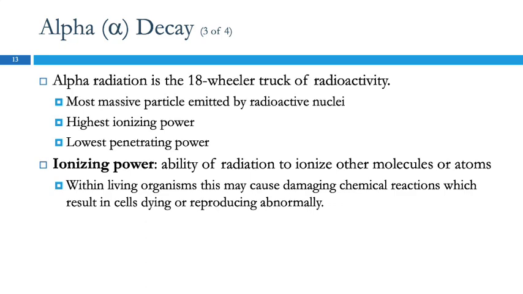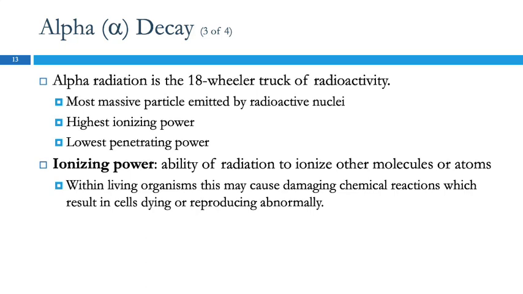Ionizing power is the ability of the radiation to ionize molecules of another atom. So this particle hits another atom and causes it to lose electrons. This is a thing that's just blasting, right? It's just running into stuff. Very effective at doing that.